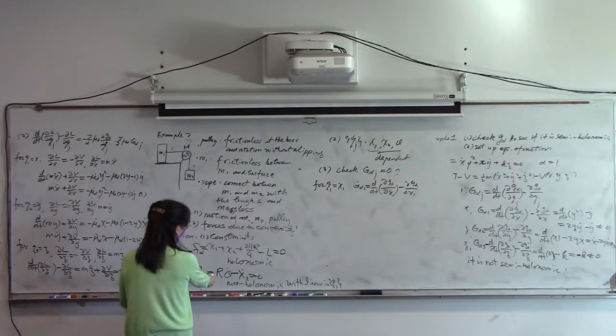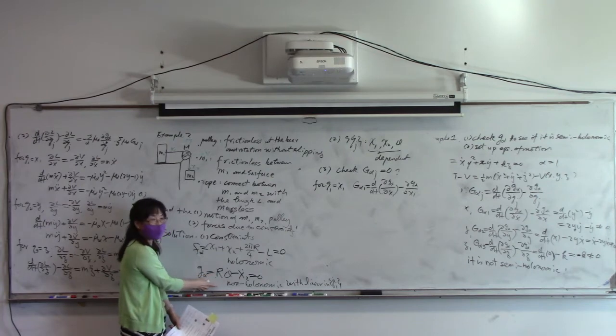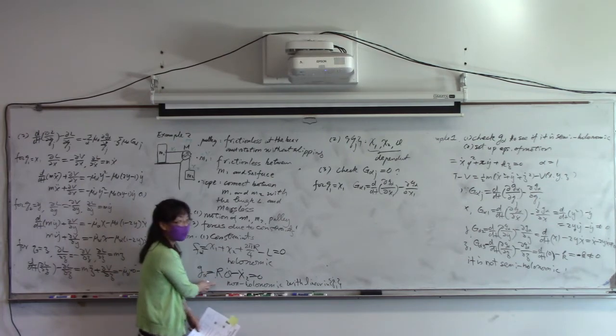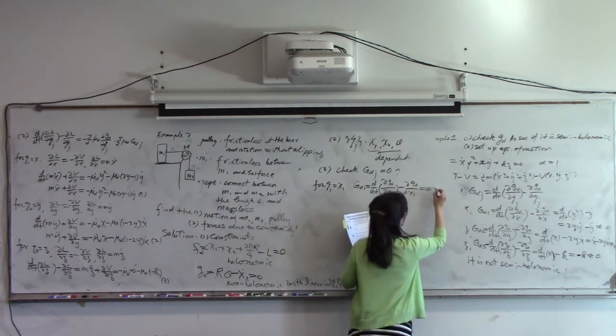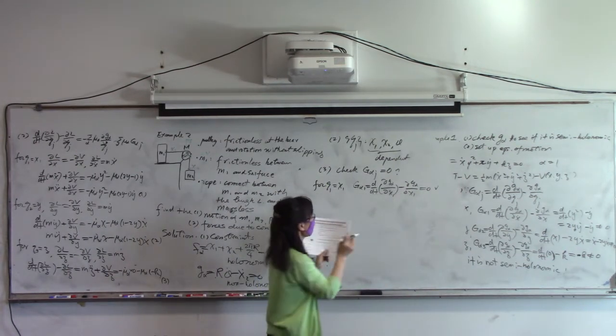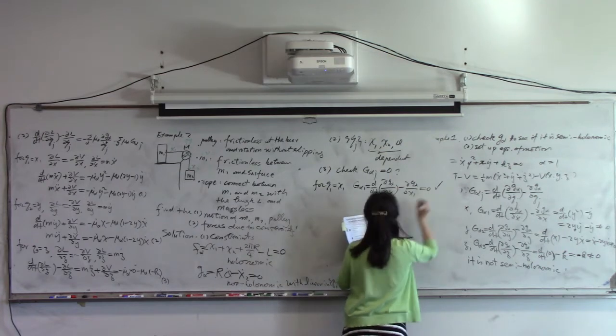So g alpha is here. There's no x1 dot, no x1, right? So that's 0. At least this one works, right? So now we are going to check the other 2.